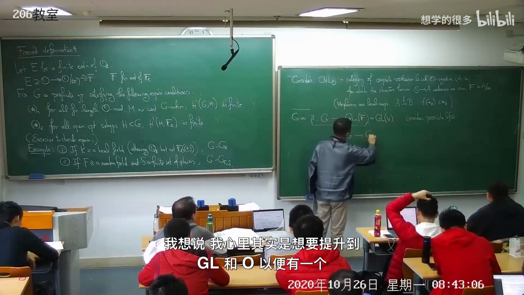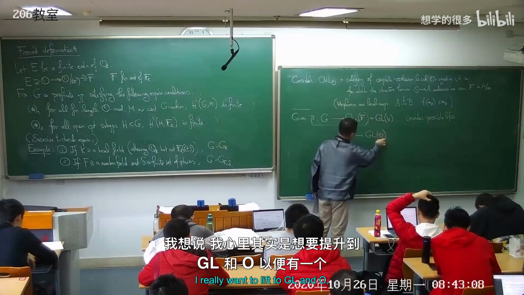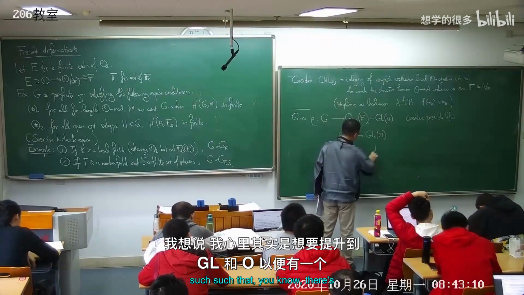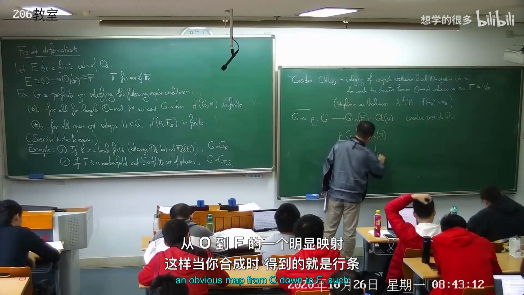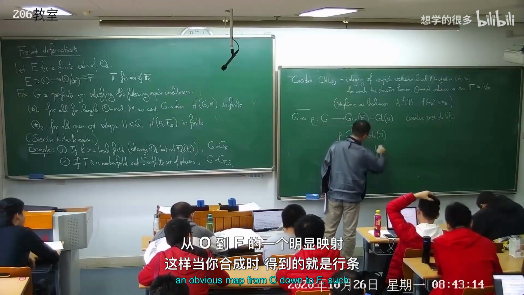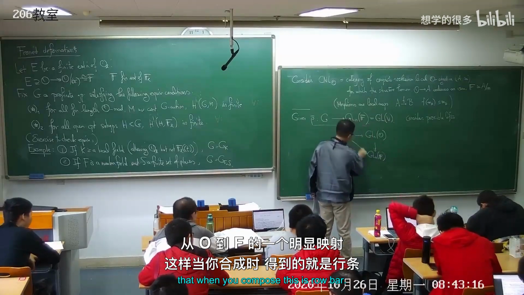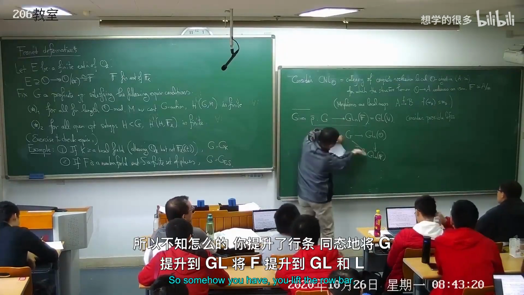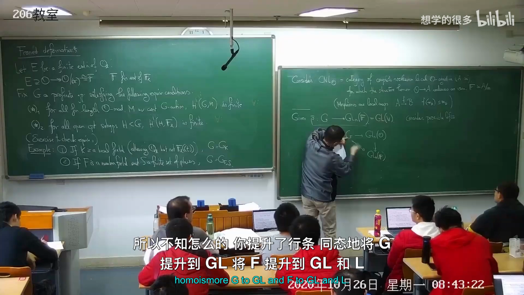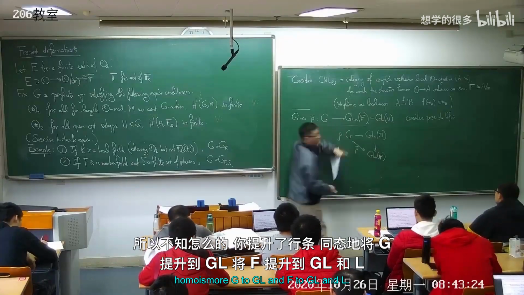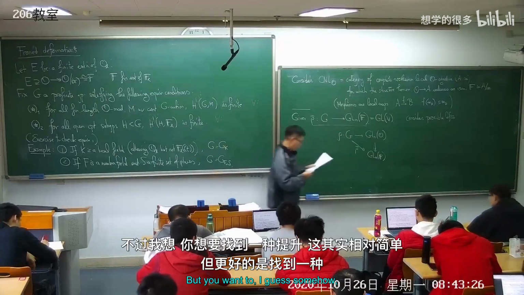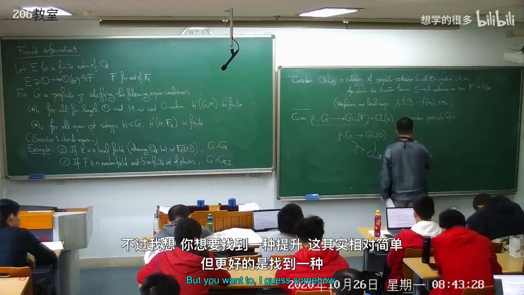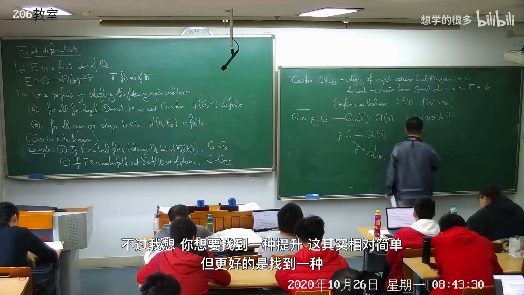I really want to lift it to GL_n(O) such that there's an obvious map from O down to F such that when you compose, this is rho bar. So you lifted rho bar, a homomorphism from G to GL_n(F), to GL_n(O).